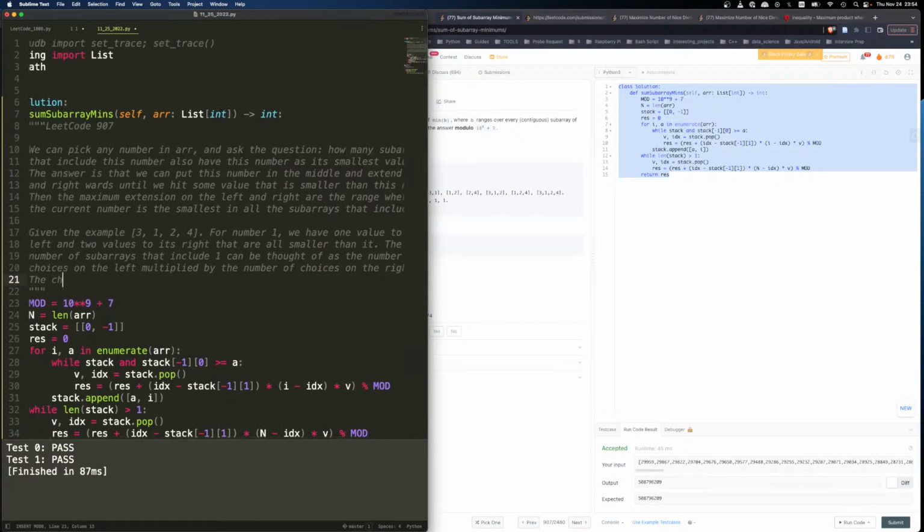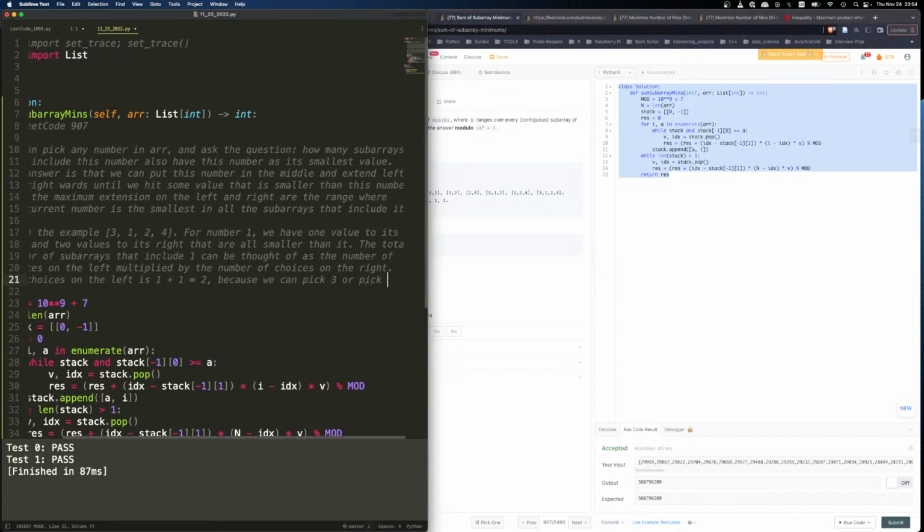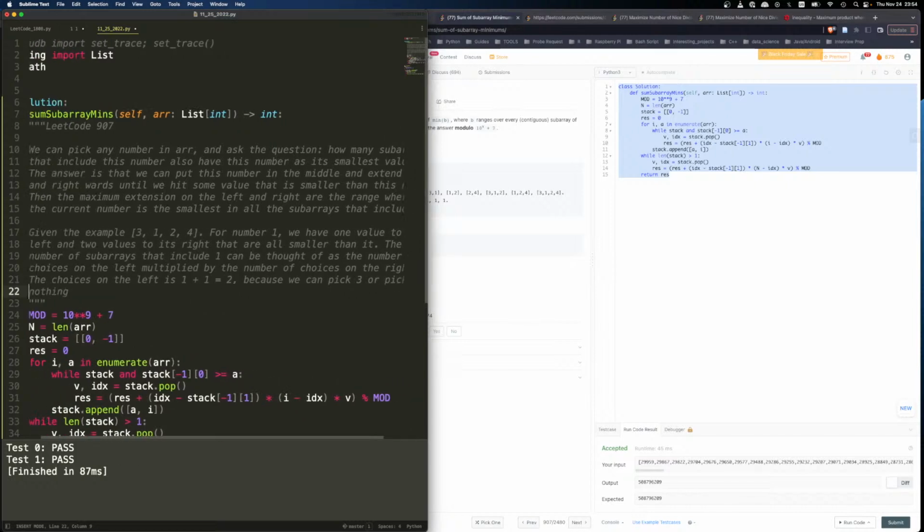Now, the choices on the left is 1 plus 1 equals 2 because we can pick 3 or pick nothing, right?